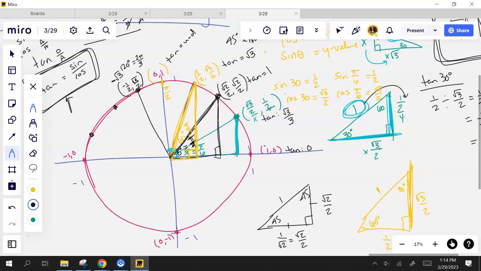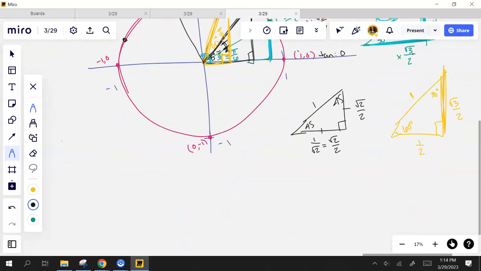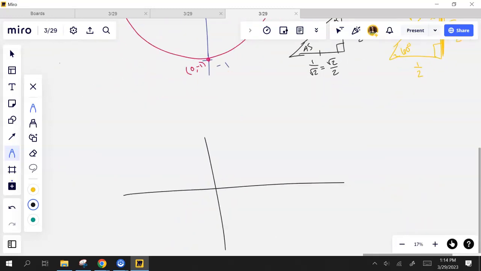In this quadrant, and this might help you, sine is positive, cosine is positive, tangent is positive. In this one, sine is positive, cosine is negative, which makes tangent negative.